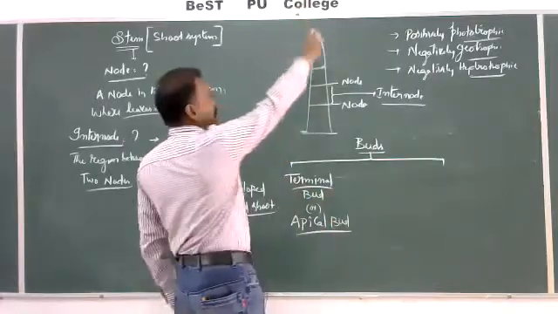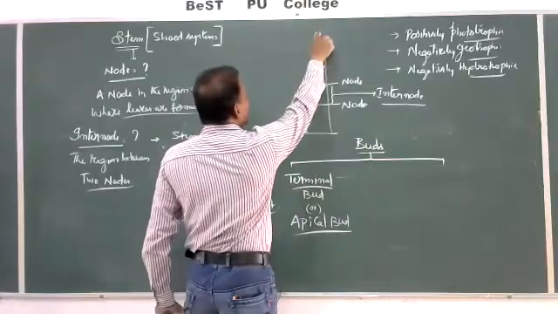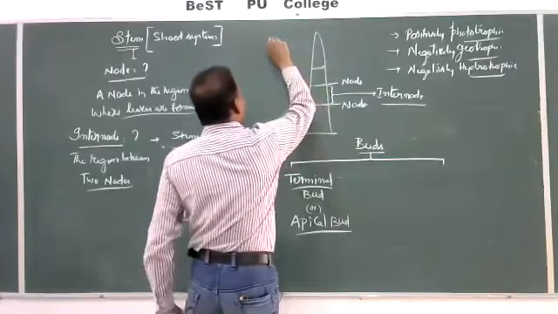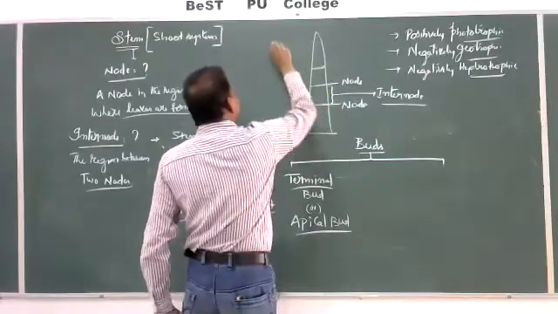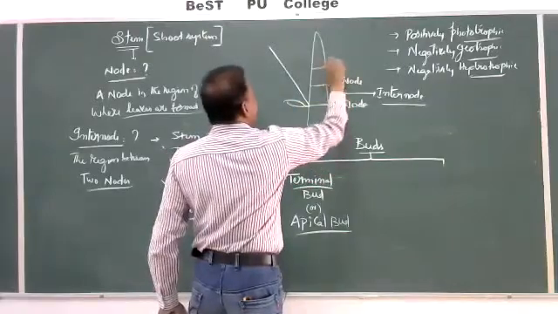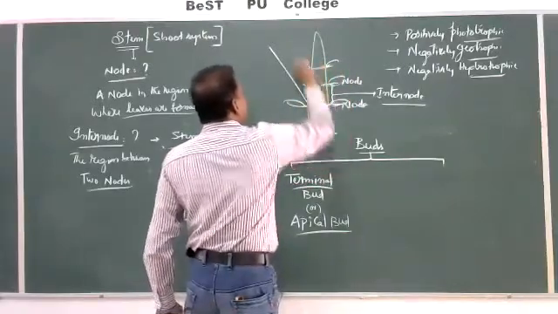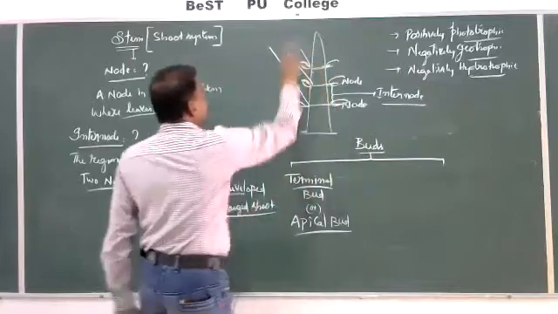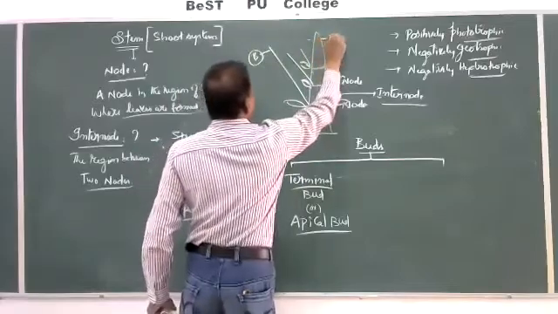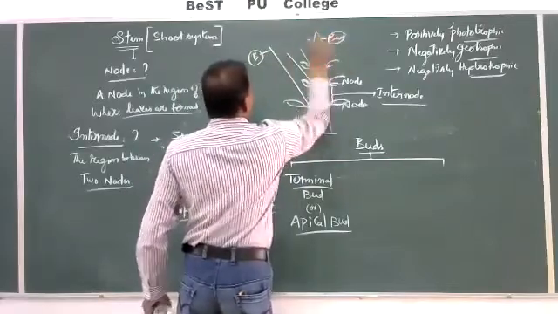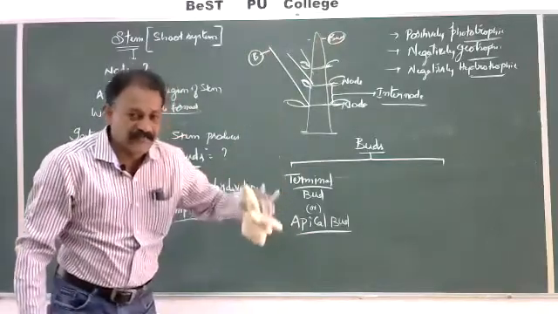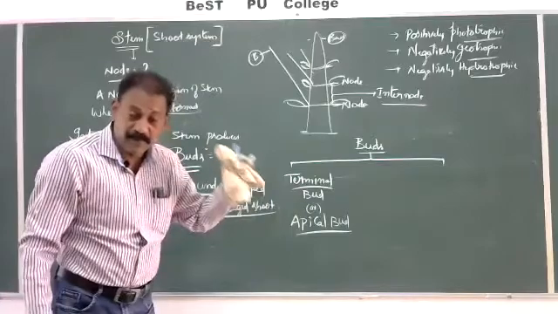Terminal means last. At the tip of the main axis, that is the stem, or at the tip of the branches. They also possess leaves. At every node, leaves; at every node, branches may be there. So a bud may be present here, or here. Based upon the position in the plant body, it is called a terminal bud or apical bud.